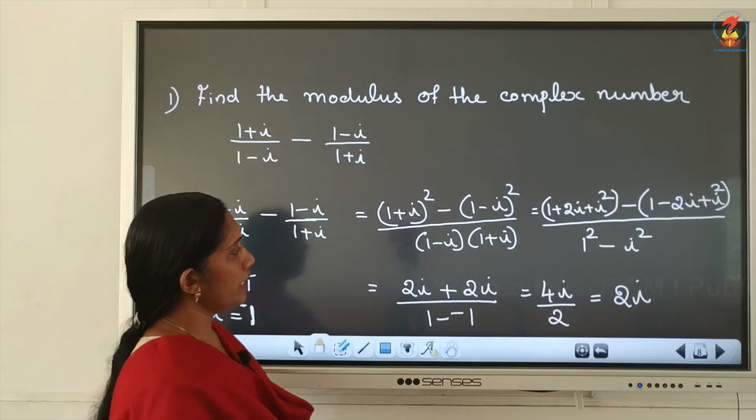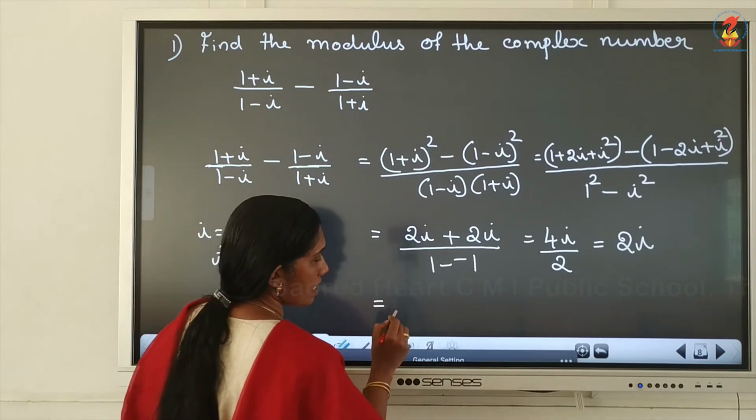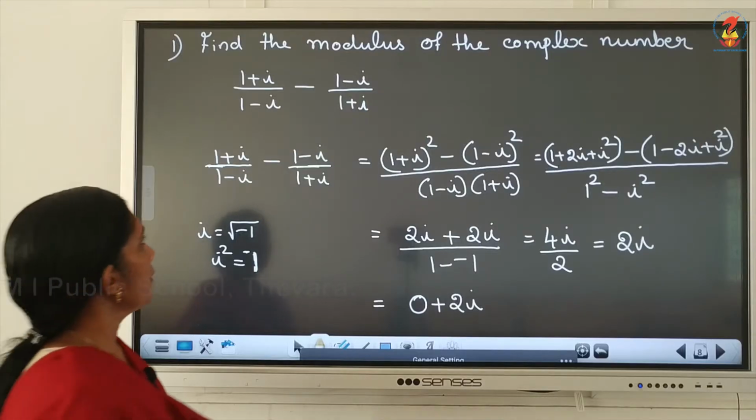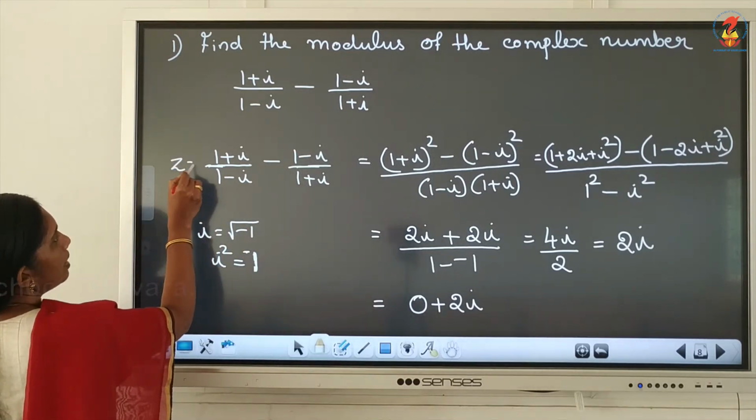Now we have to find the modulus. What is the standard form? Real part plus imaginary part. So the real part is 0, only we have the imaginary part. Now, what is the modulus of this? Let z be this complex number.